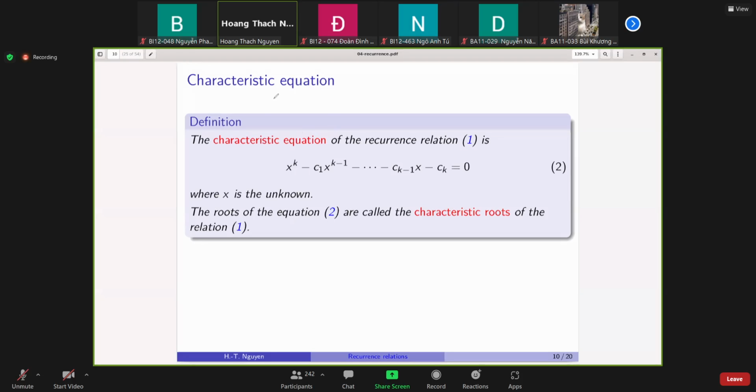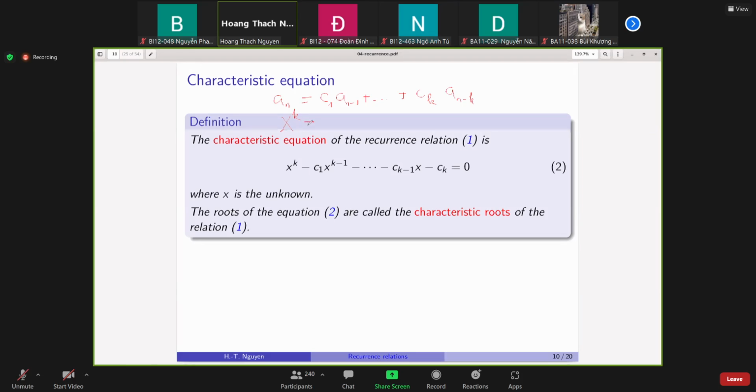So you have the equivalence. You have a_n equal to C1 a_{n-1} plus etc. plus C_k a_{n-k}. You will write this as x to the power k.